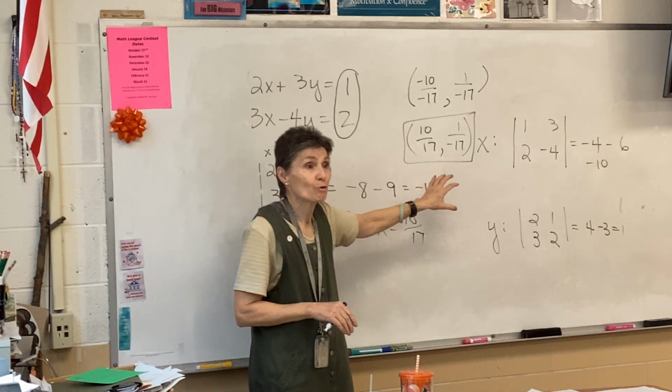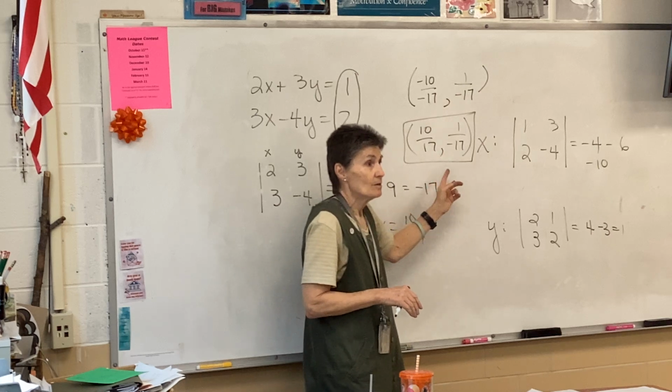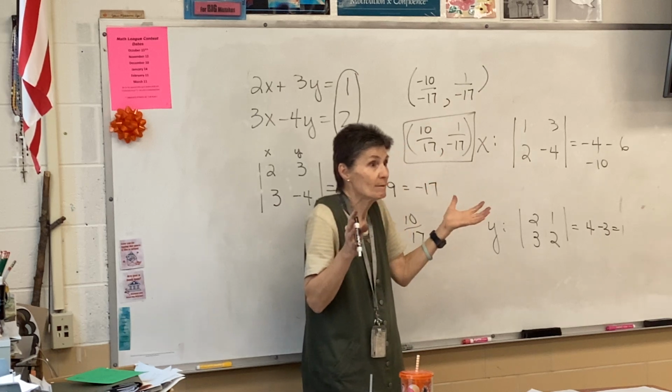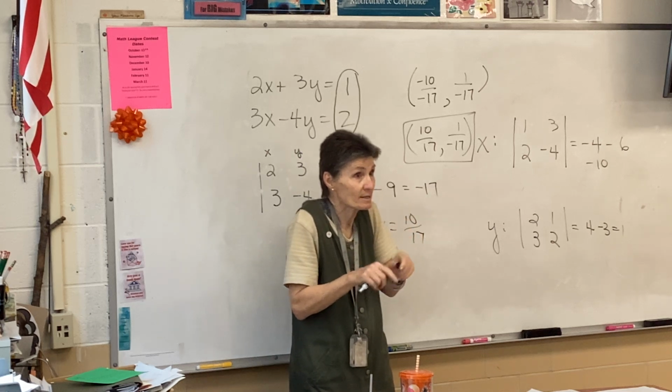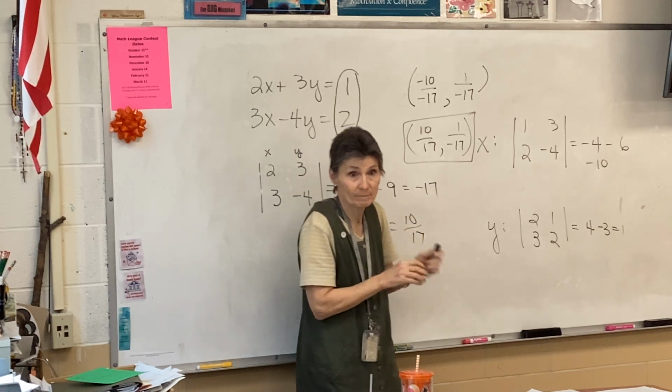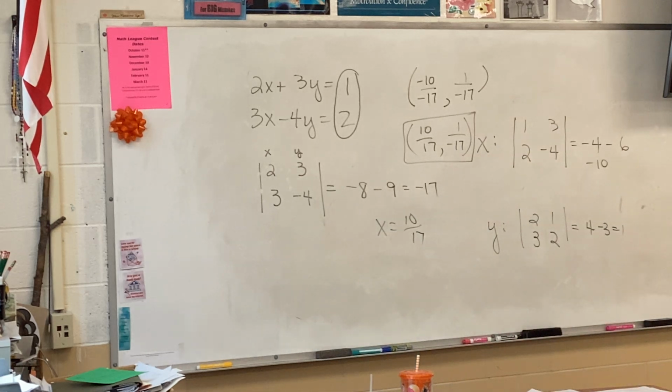Kids, if you use Cramer's rule, does it matter what these came out to be? No, because you're not using them. You're just writing them down. So that's why I say Cramer's rule sometimes is people's favorite, because you don't have to get common denominators and do all that mess around. All right, so we'll pick up here next time.